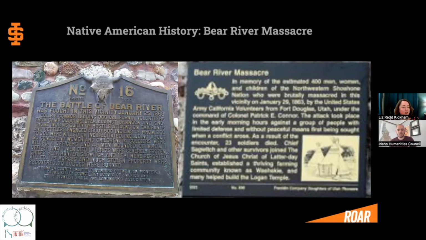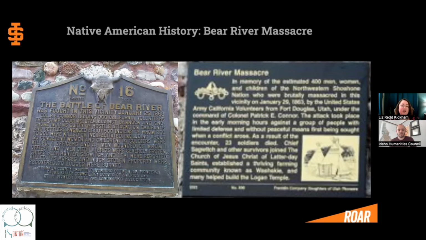And again, this is a very complex history, but these massacres were ways for soldiers to get combat experience and to get promoted through that as well. So if you were being left out of the Civil War, this was the other front. This was a way that you could, so there was incentive for the military here to actually engage in conflict.